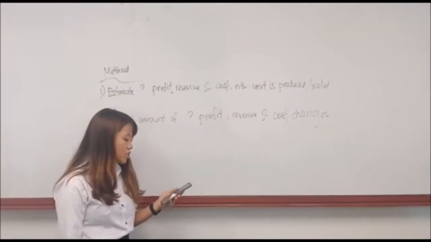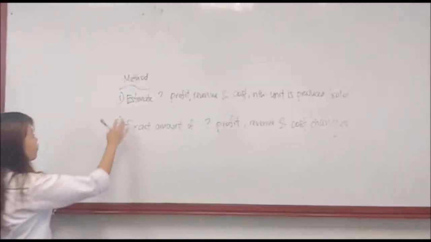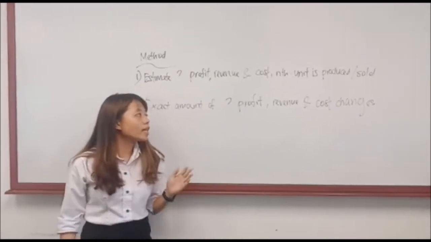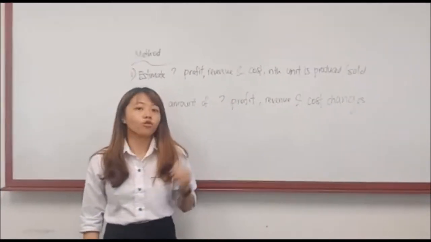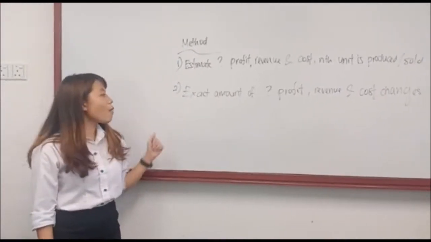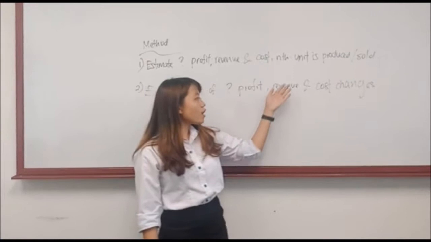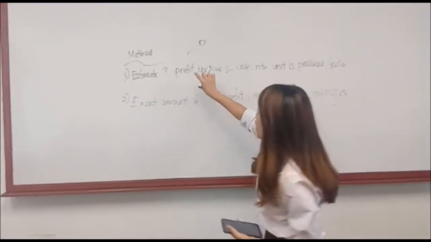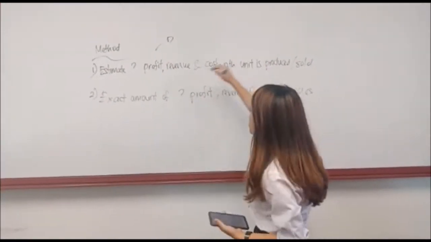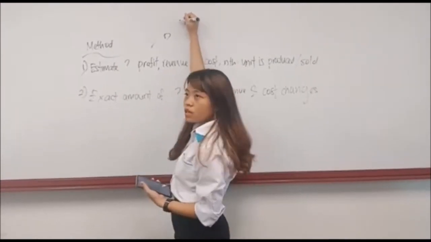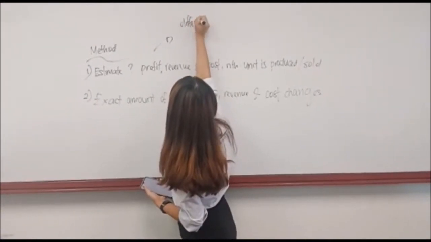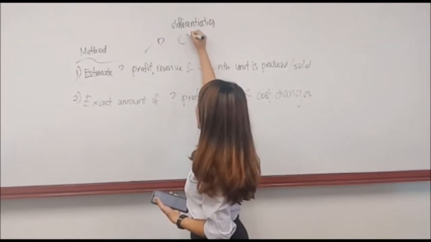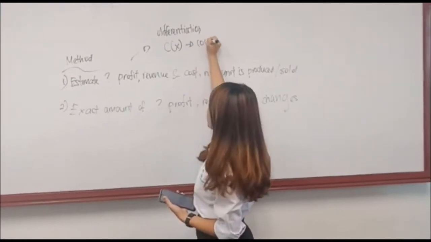In marginal analysis, usually we will be asked to find two things. One is to estimate how much the profit, revenue, and cost change when n units are produced or sold. The second is the exact amount of how much profit, revenue, and cost change. To estimate, we will use differentiation. For example, say we have C(n), which is the cost function.